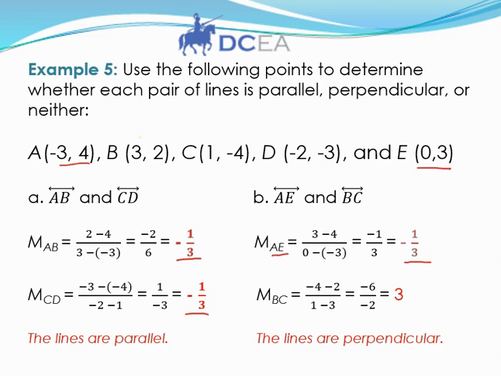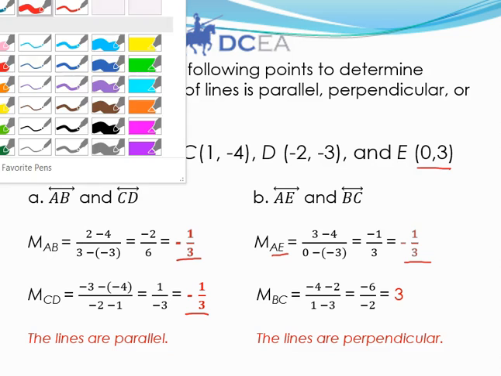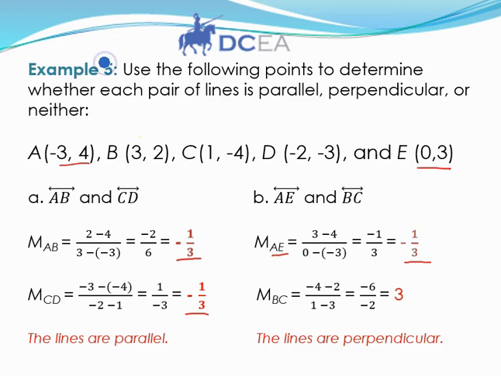Now, let me change colors here. Now if we use the points B and C, we substitute those numbers into our slope formula, and we solve and find that we have a slope of 3.